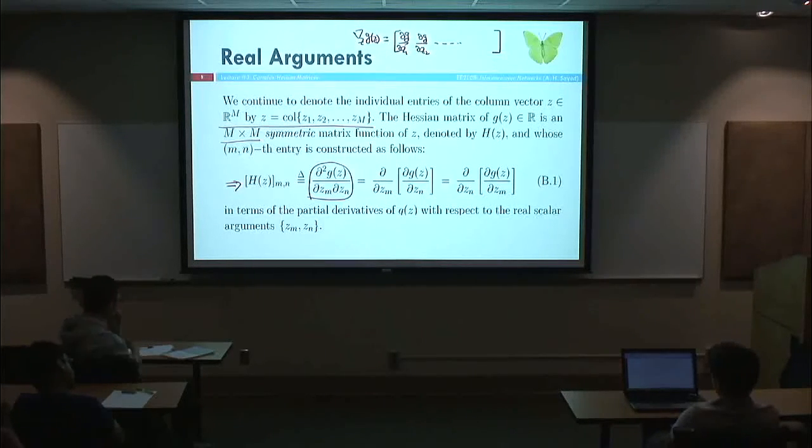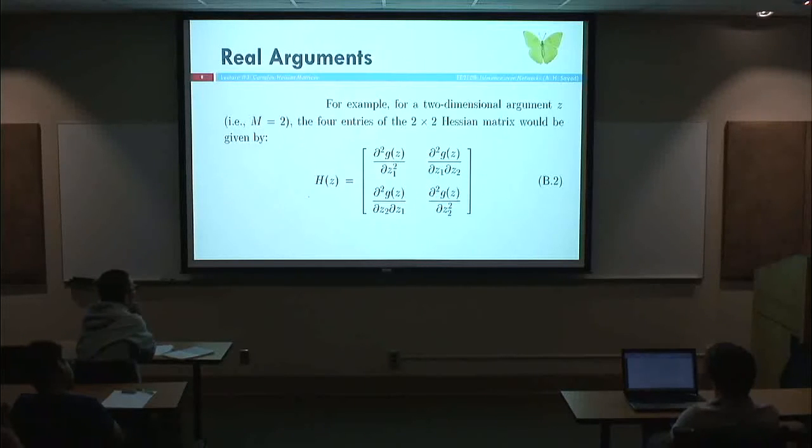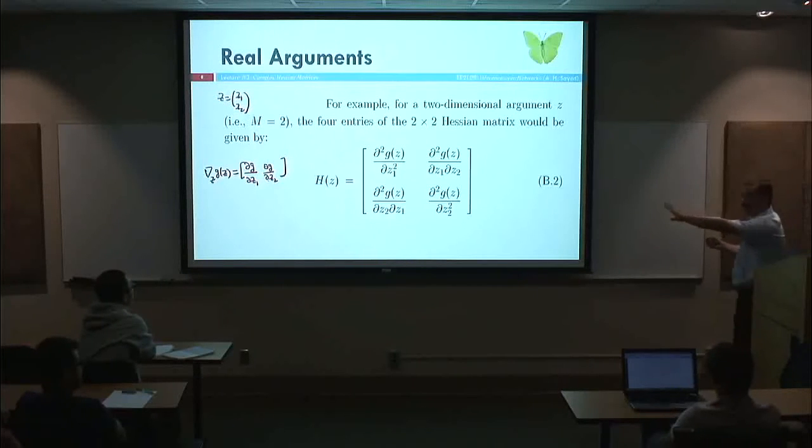So let's take an example. Assume your z has two entries. So z is two-dimensional. So the gradient relative to z will be a row vector, two-dimensional, containing the partial relative to z1, partial relative to z2. What about the Hessian? It will be 2 by 2. M is 2.